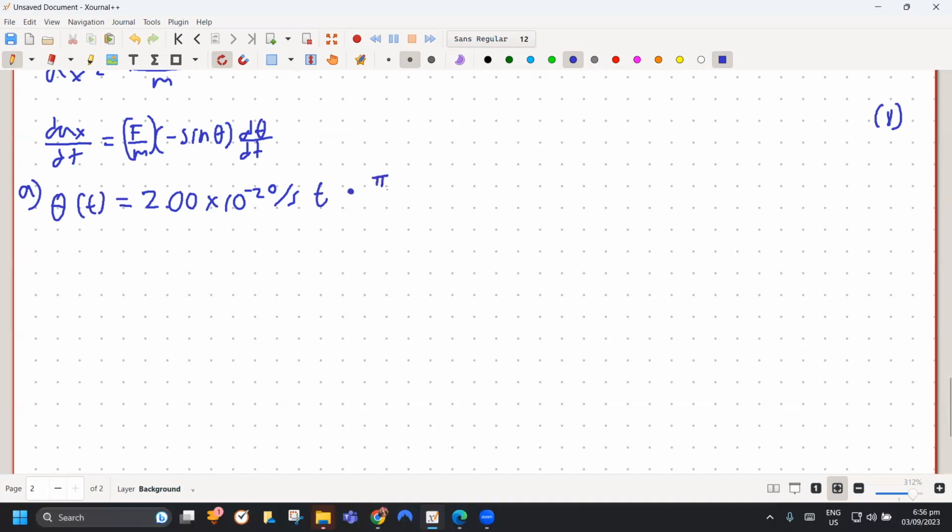Okay, so what is that in radians per second? So, pi over 2, okay, 180 degrees. Okay, it cancels.